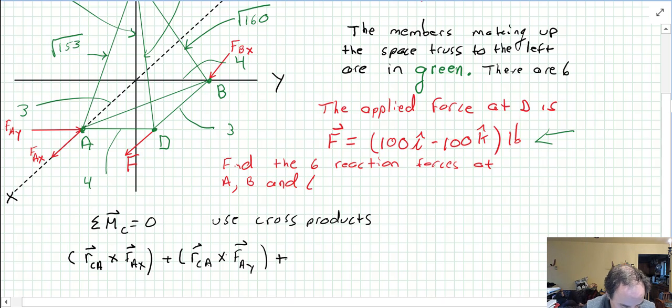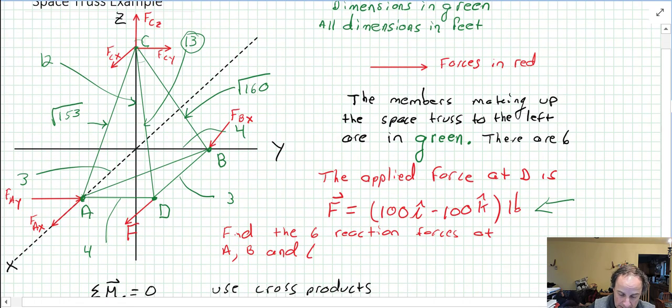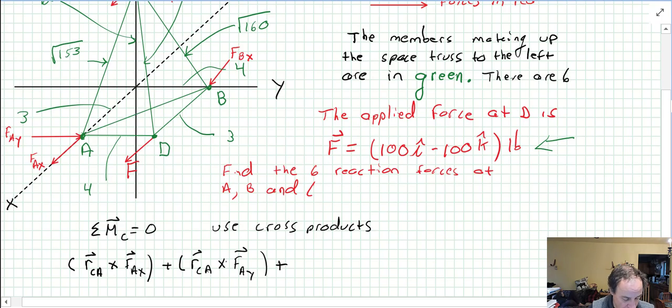The next force I'm going to look at is the applied force F. And that position vector we know as CD. Okay, we have dimensions for everything, so we can find these position vectors. This is tedious, but it's not a problem.